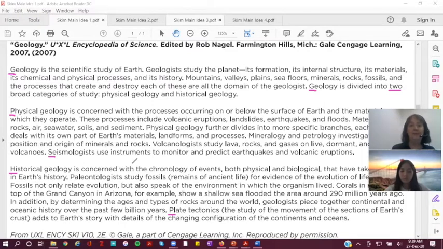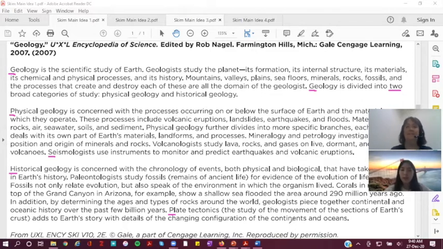Now, if we read the first and last sentences in their entirety, so just the first and last, what do you learn? From the second paragraph, I learned that physical geology is about the processes that are occurring on or below the surface of the earth and the materials that are included in this process.